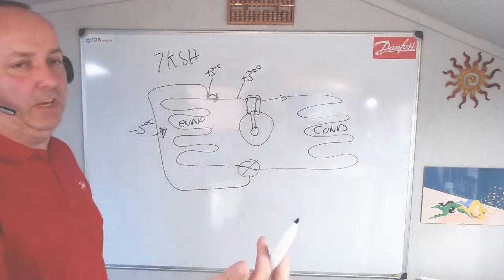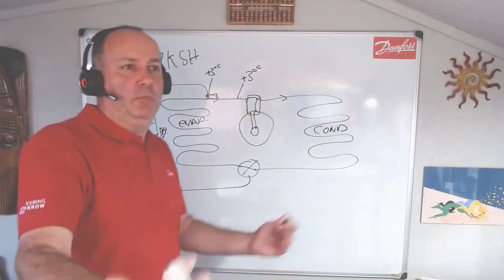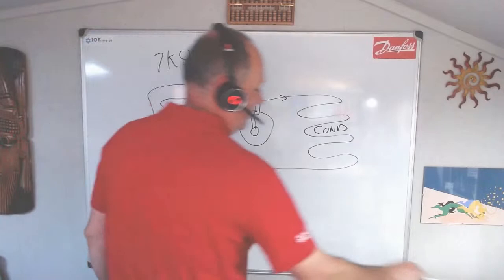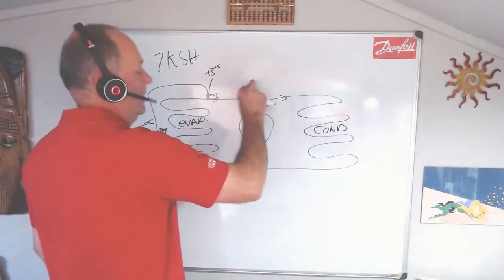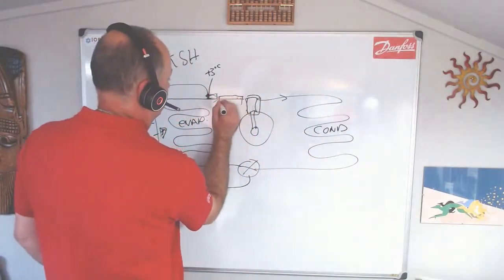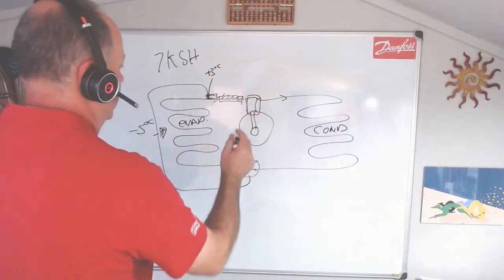On a typical installation, if you've got 3 meters of pipe, 10 meters, 70 meters of pipe, you will always pick up some superheat in that suction line, even though it should be insulated. We'll still pick up some heat.